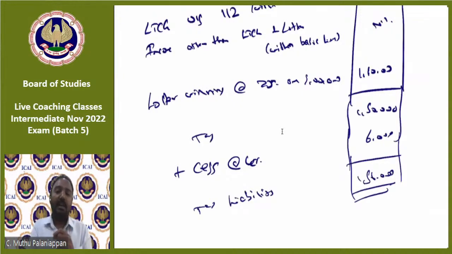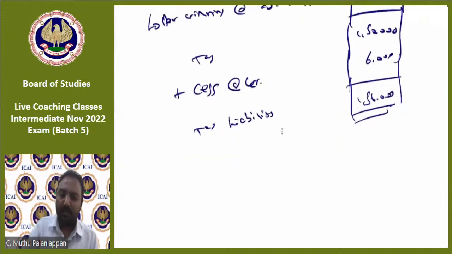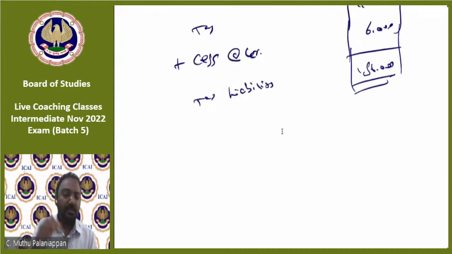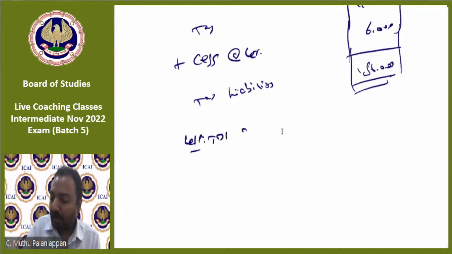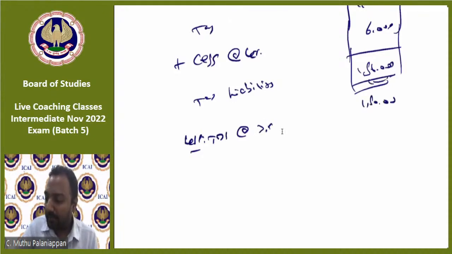And of course, in this 1,56,000, there might be a TDS on lottery. We never know. But we have come to the tax liability. Only thing is what we need to say is about the assessee. For example, in this 1,56,000, if you consider the TDS at 30%, it would have been 1,50,000, correct?